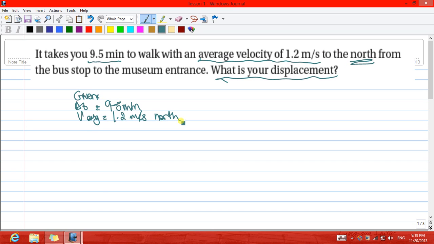And we need to find delta x. That's what we should find, and it's in meters. Now to find delta x, we have to use a specific formula. We know the formula, and we can use the triangle to make it easier.